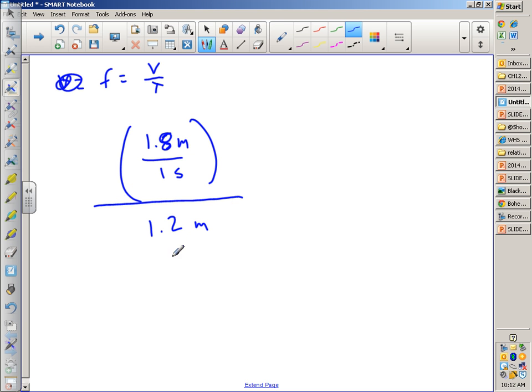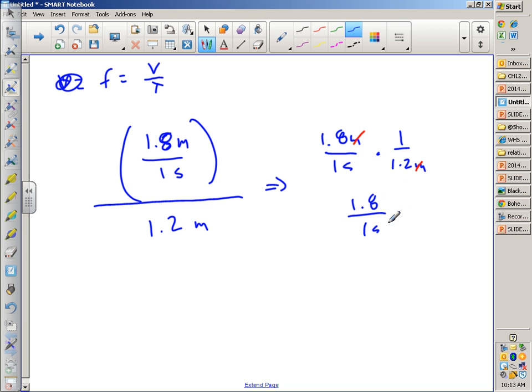Okay? But this is a complex fraction. So the way that we get rid of this would be the same as saying 1.8 meters over 1 second times 1 over 1.2 meters. Those are mathematically equivalent, yes? And so these meters cancel because one's on the top and one's on the bottom, and we're left with 1.8 over 1 second.